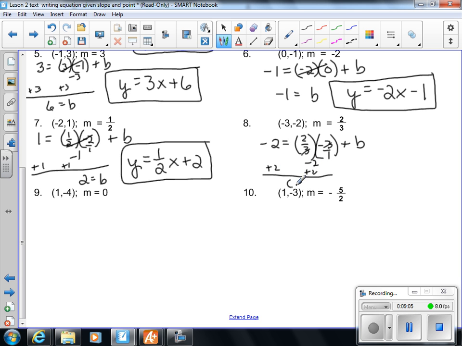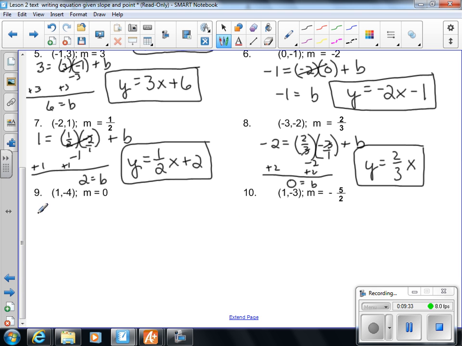And what's b equal to? B equals a 0. Negative 2 plus 2 is 0. Y equals, good, 2/3 x plus 0, or I could just leave it as y equals 2/3 x. What do you know about what this graph's going to look like? Where's it going to cross the y-axis? At 0, 0, the origin. Remember we talked about the direct variation ones earlier.